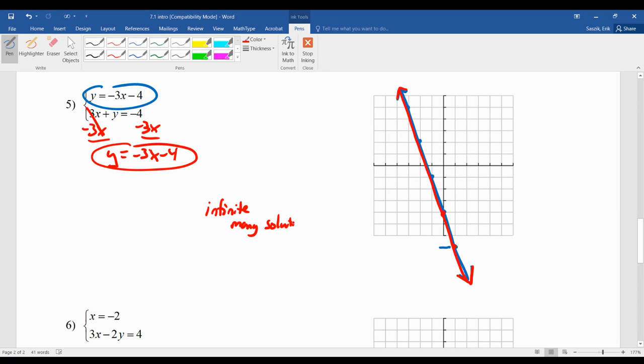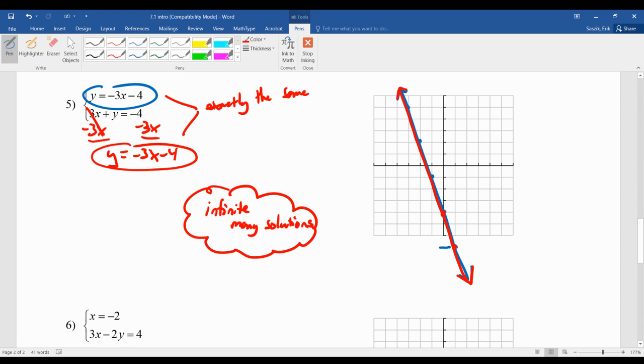Because where do these lines cross? They cross everywhere on the line because the blue line and red line match up perfectly. So there's infinitely many solutions. Both of these equations are exactly the same. Okay.